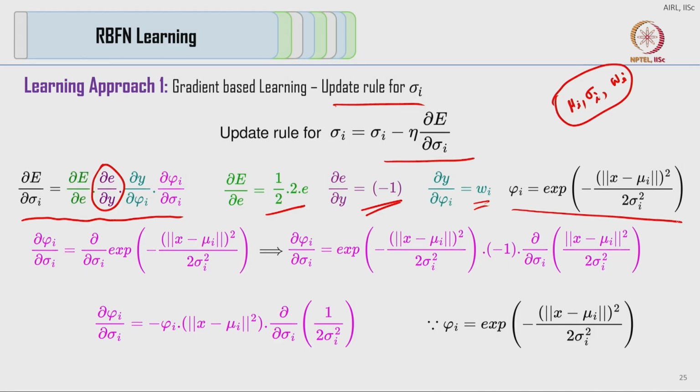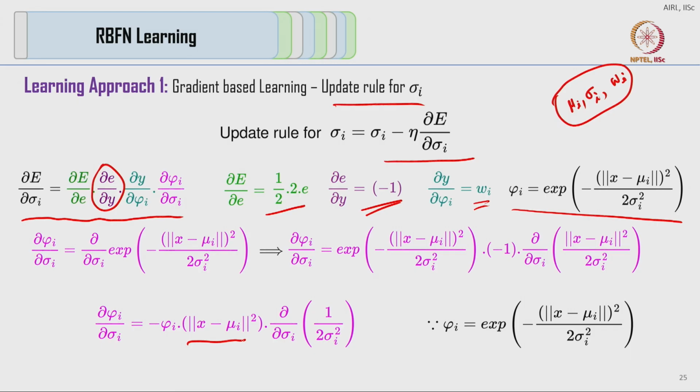∂φi/∂σi, right, e power minus x. If we differentiate, e power minus x is e power minus x itself into minus 1, and then ∂/∂σi of the term x, which is nothing but (x minus μi) whole square by 2σi square, right. The numerator is independent of σi, so the numerator will come as it is.